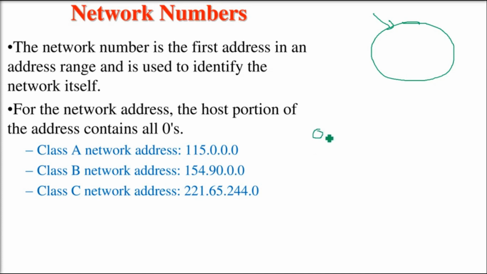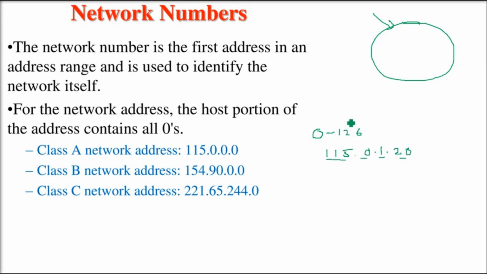For class A, we start with 0 to 126 in the first octet. So if I take a class A network example, 115.0.0.0, the hosts can be 115.0.0.1, 115.0.0.2, any host ID in this network.